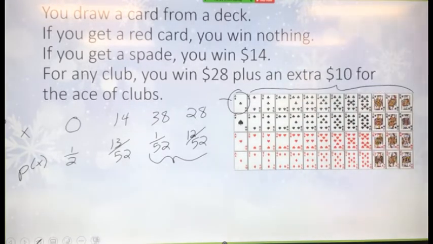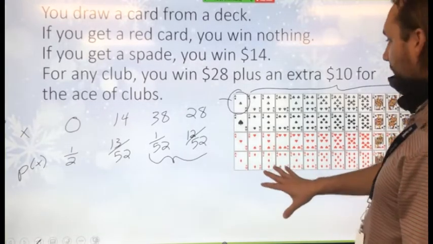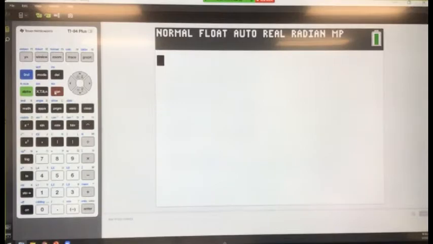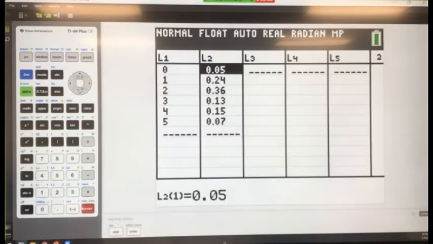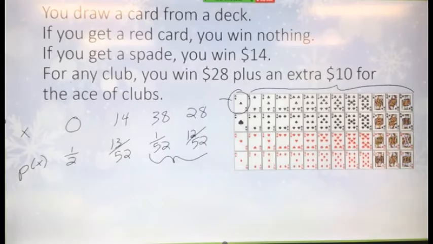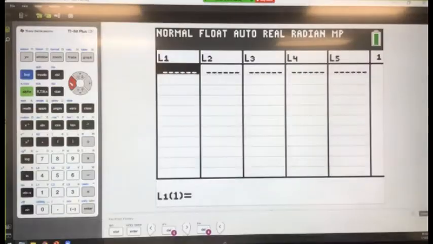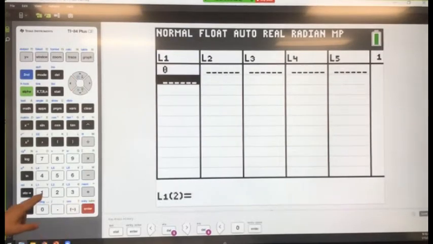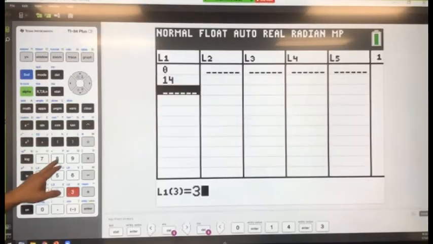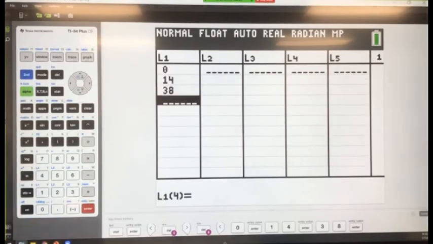Let's just go ahead and find the expected value. So stats, edit. If you have anything there, just go ahead and delete it. My L1, I'm going to make that my winnings. So I win 0, 14, 38, and 28.